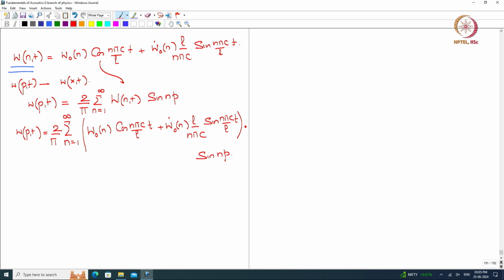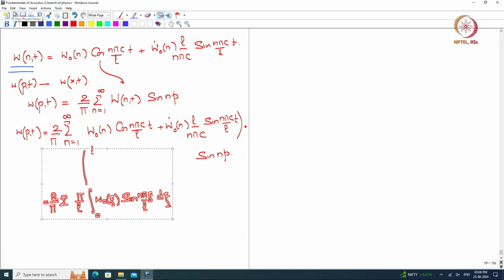Okay. And what is w0n? We have 2 by pi, this summation. w0n is pi by l integral 0 to l w0 of xi sine n pi xi by l d xi, and we bring it down. This goes and comes here.